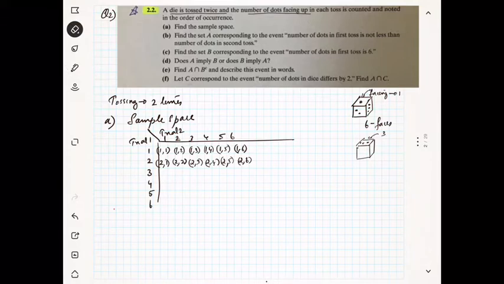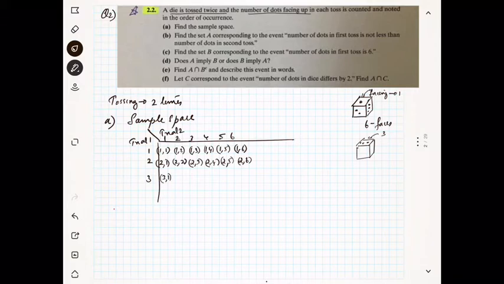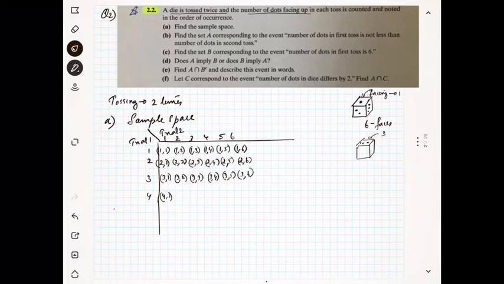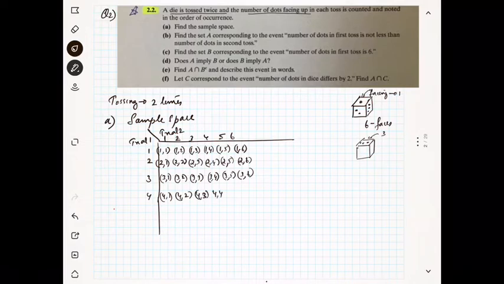Next, if in the first trial it is 3, in the second trial you may get 1, 2, 3, 4, 5 or 6. In the first trial 4 and second trial 1: 4, 1; 4, 2; 4, 3; 4, 4; 4, 5 and 4, 6. These are all the possible outcomes.